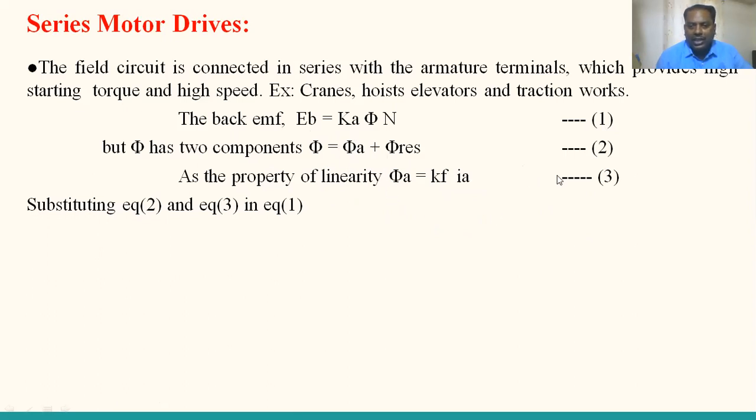So EB is equal to Ka, as usual, into phi A plus phi RES, into N, where instead of phi A we write Kf into IA. So EB equals Ka Kf IA N plus Ka phi RES N.